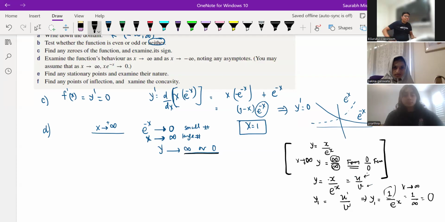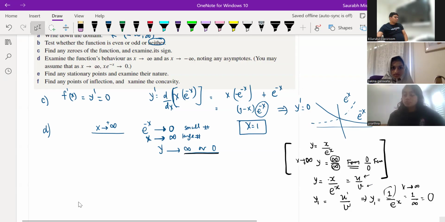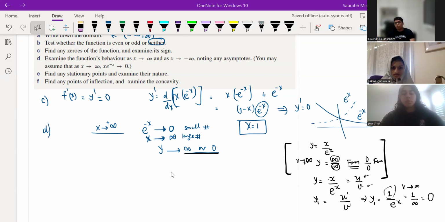L'Hospital rule is what? If you are getting this form, either 0 by 0 or infinity by infinity, when you are trying to get the limit of any function, and you are not sure how that is going to work, then you use this rule where you differentiate the numerator separately, the denominator separately, and look at the limit of that new function.